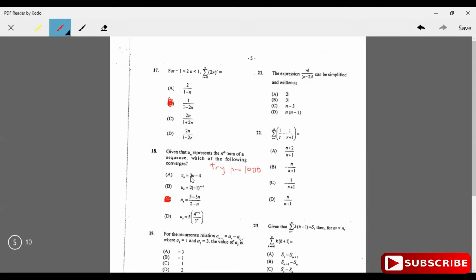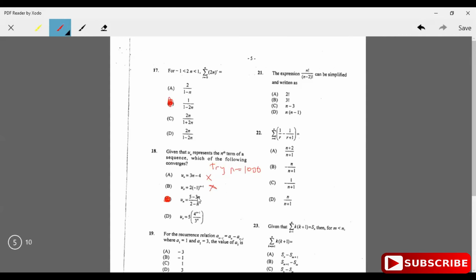When n equals 1,000, this is definitely not going to 0. You get minus 1 to the 999, that's going to give you minus 1 times 2, which is negative 2. And so this is alternating between 2 and negative 2.